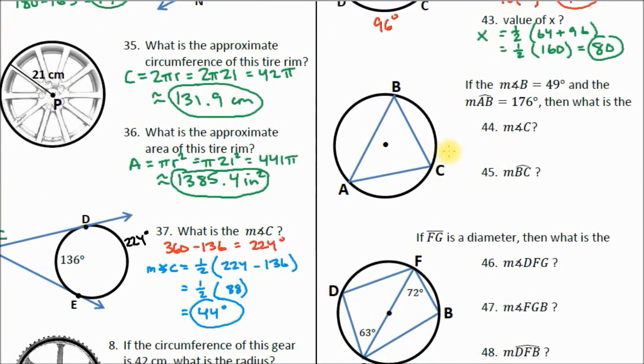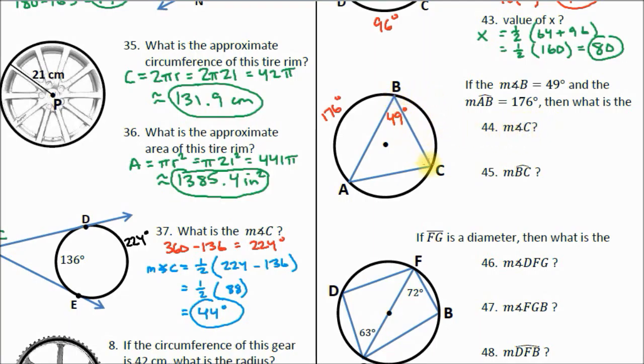Questions 44 and 45. If the measure of angle B is 49 degrees, hold on here, my computer decided to just stop working for a second. There we go, 49 degrees. And the measure of arc AB is 176 degrees, then what is the measure of angle C?